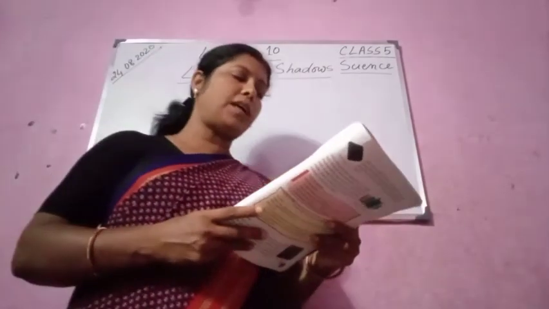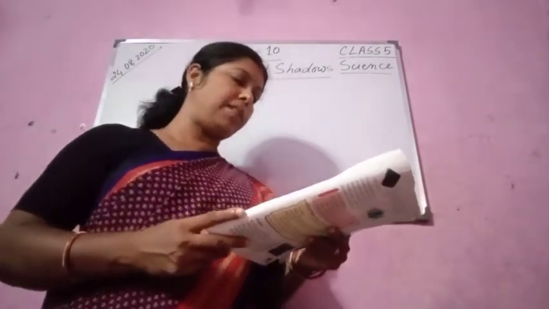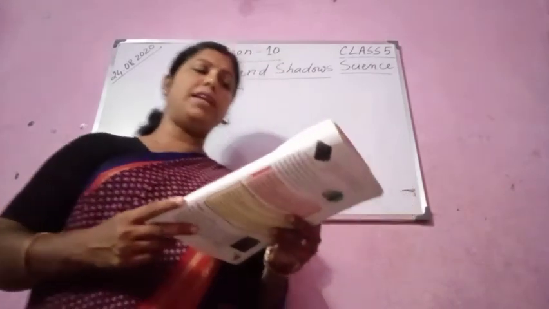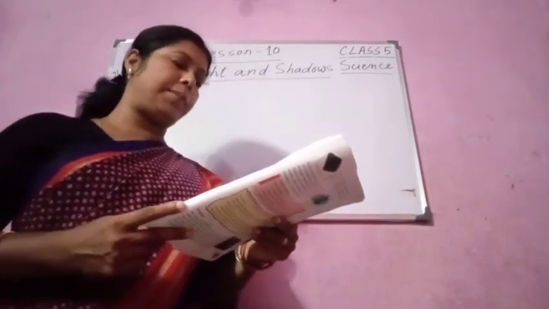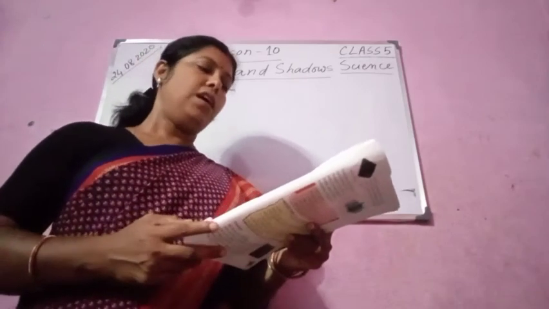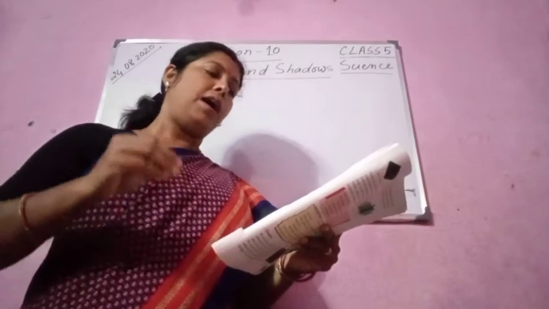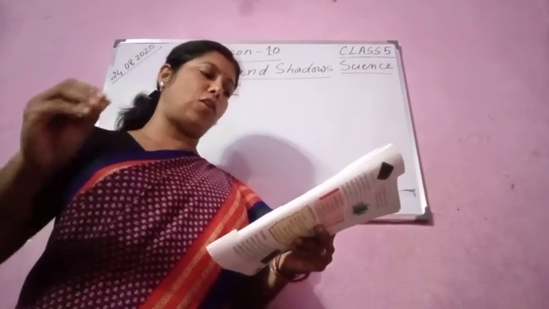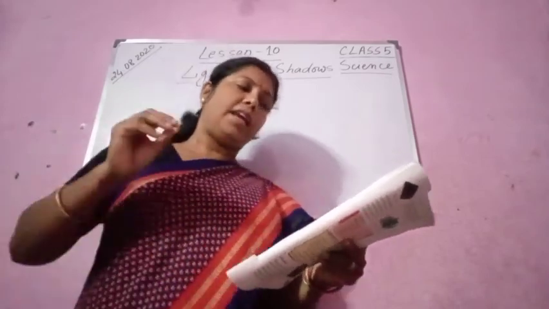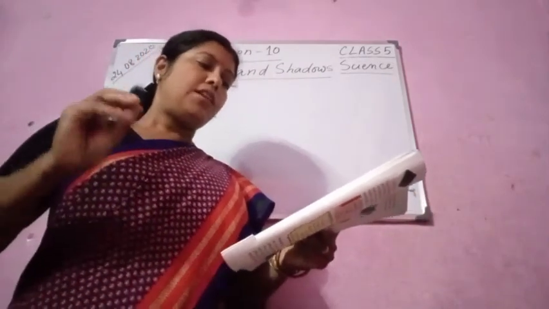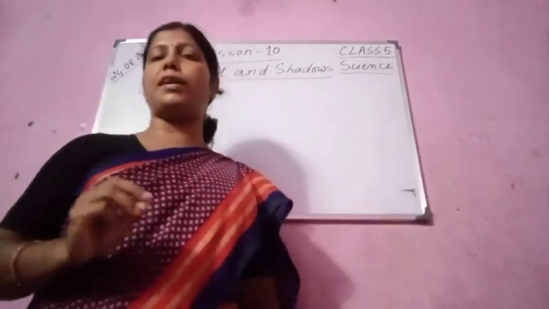These objects are visible in dark, but you can see them in the presence of a source of light. Such objects do not have light of their own, but are visible when light falls on them, and are called non-luminous objects. Now you see some objects, they do not have light of their own.